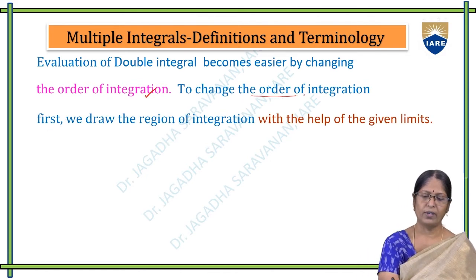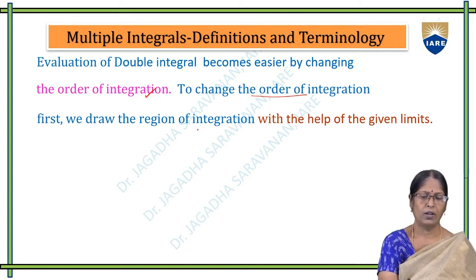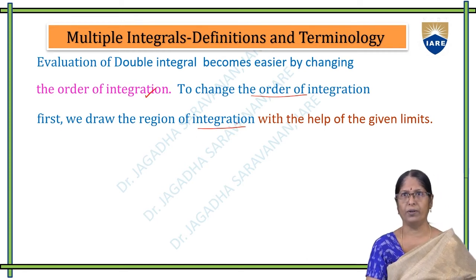So we can see it here. To change the order of integration, first, according to the limits which are given, we will draw the geometrical figure. We notice the given limits: the interior one, related to curves, we give more importance, and the outermost one is pushed to constants, that is, real values.